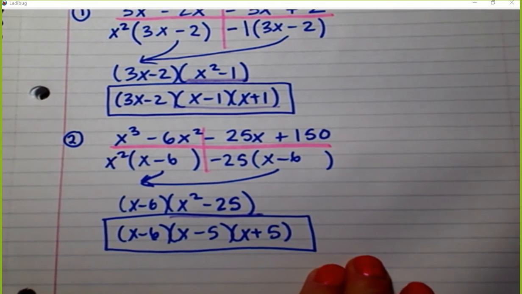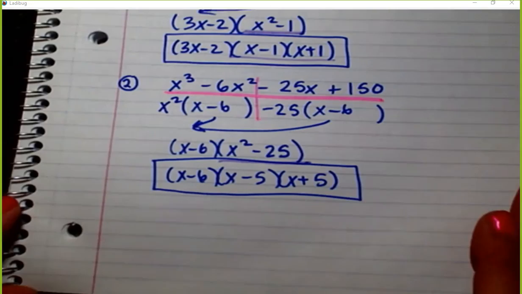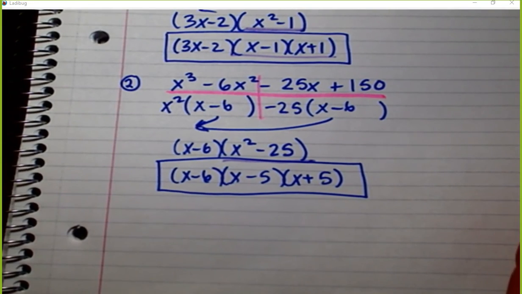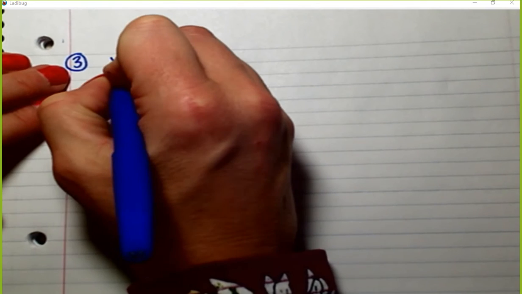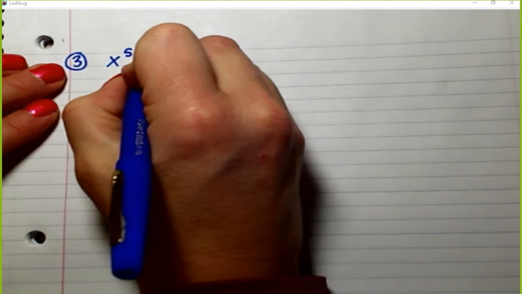I'm going to flip my page. Number 3. Okay, here we go. X to the 5th. Notice this degree just keeps going up.